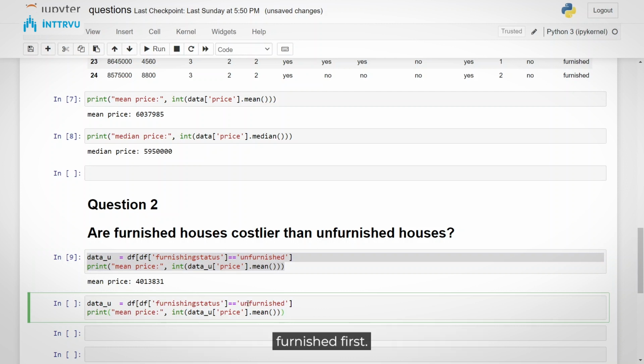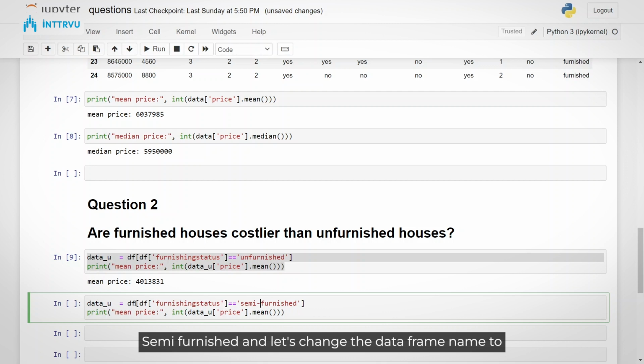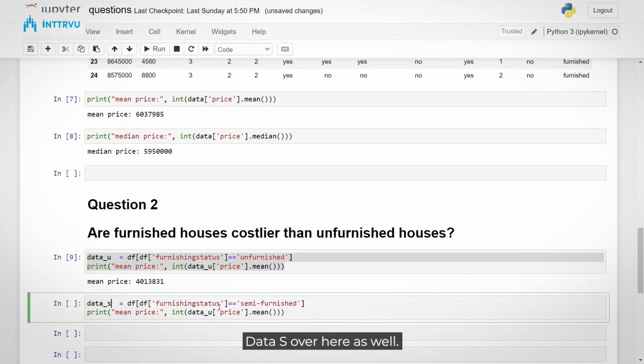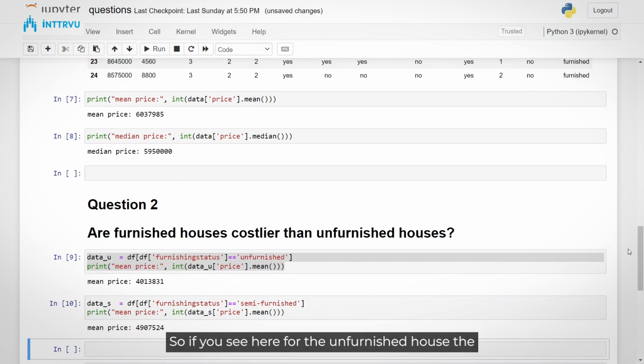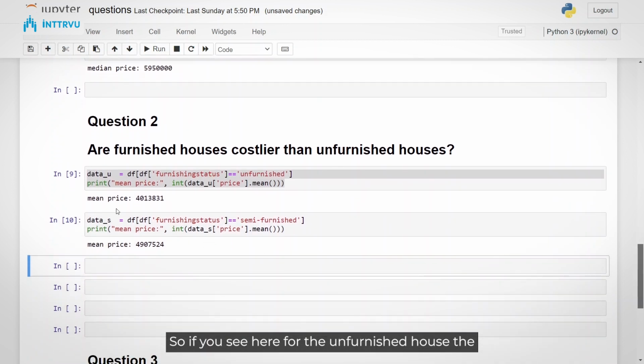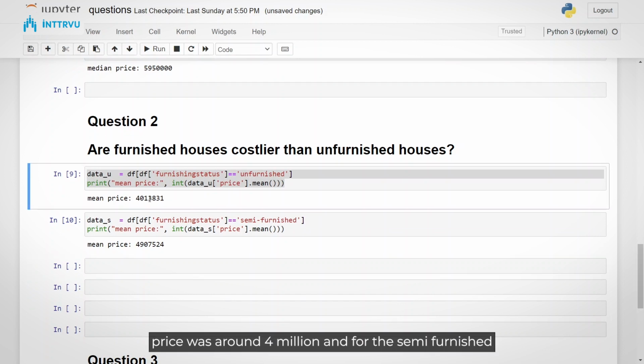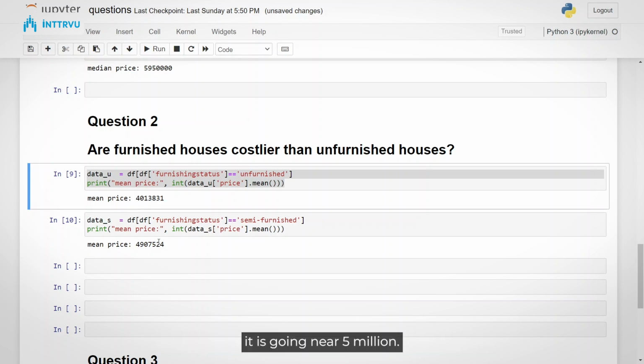Maybe let's start with semi-furnished first. Semi-furnished, and let's change the data frame name to data S over here as well. Let's run this. Okay, so if you see here, for the unfurnished houses the price was around 4 million, and for the semi-furnished it is going near 5 million.